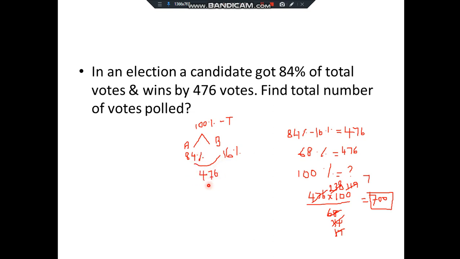So we can find the percentage difference, 84% minus 16%, which is 68%, and that is equal to the vote difference, which is 476. Up to this I hope you understood. So we have to find the total number of votes, which is 100% equal to a number we have to find. Cross multiply and find the answer. The answer is 700.